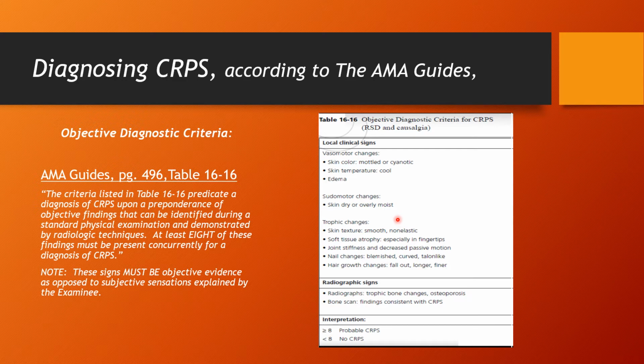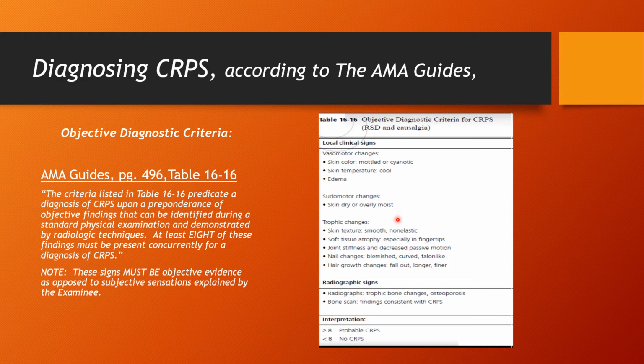We did see a couple of those in our references and the pictures I had shown you in the previous installment. You can have joint stiffness and decreased passive motion. Well, if you have decreased passive motion, obviously you're going to have decreased active motion as well. The nail changes, and hair growth changes.